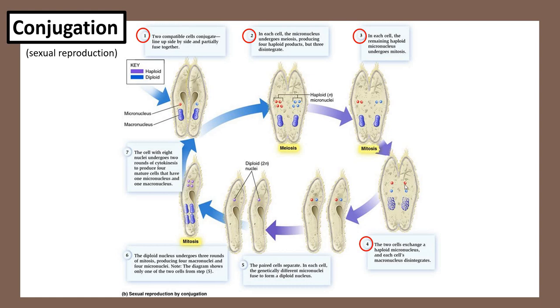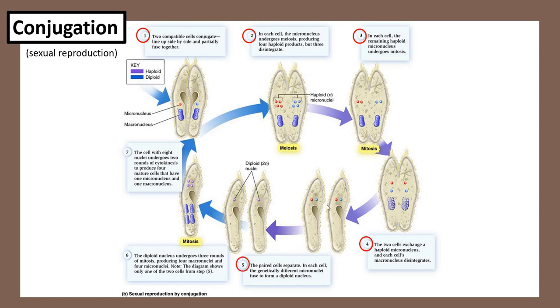So this red one and this red one would be the same. This blue one would be the same. But the blue and the reds would be different. But they've switched. Then what happens is the cells separate.